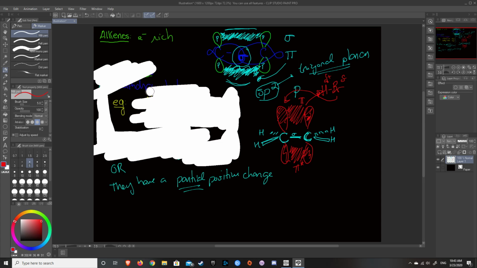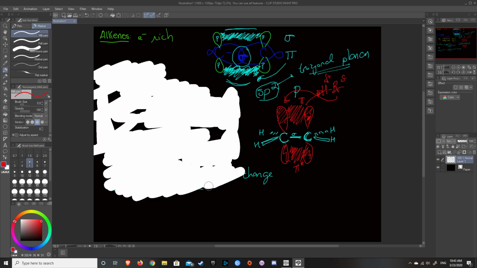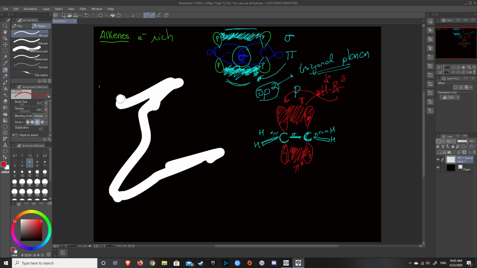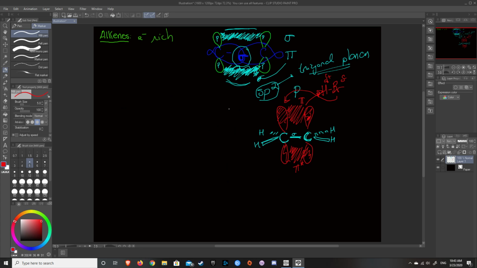But basically what you need to know here is that geometry does affect reactivity. If you imagine, we said steric interactions, or steric hindrance.